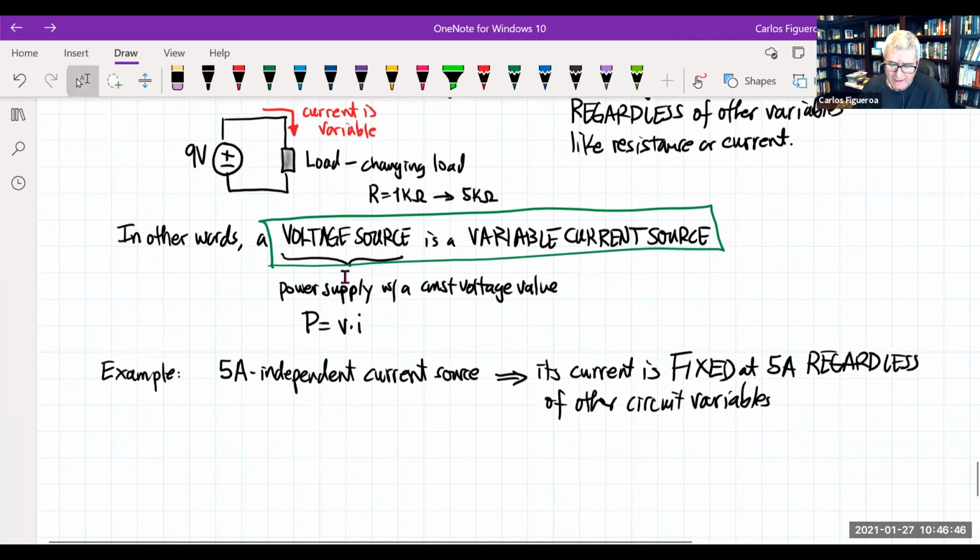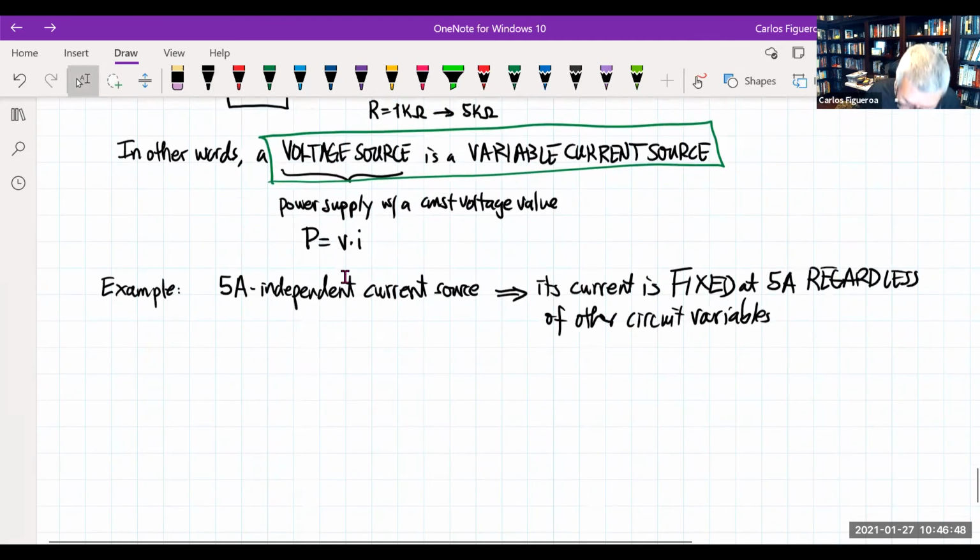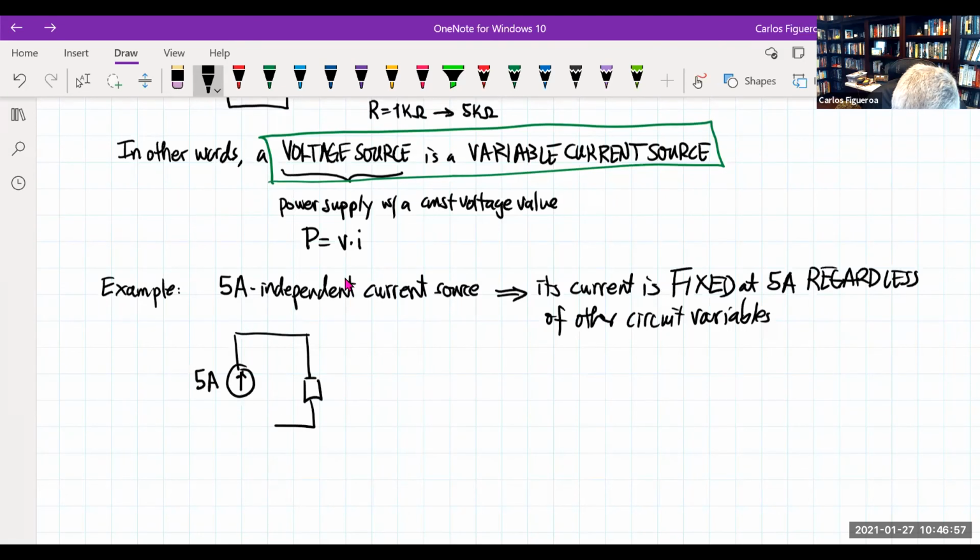So what do I even mean by that? When I look at my current source, let's say that it looks like this guy right here. This is 5 amps. And now I'm going to put a load right here. So this is my variable load. Now, when I look at this guy, what am I actually seeing here? Well, I know that the current is always going to stay 5 amps. But wait a minute.